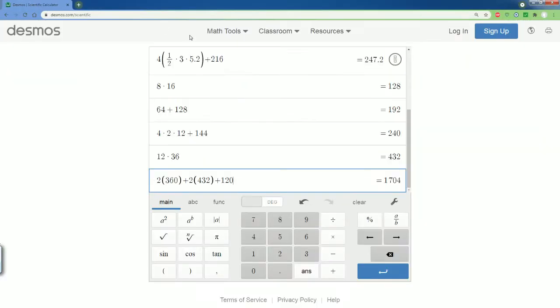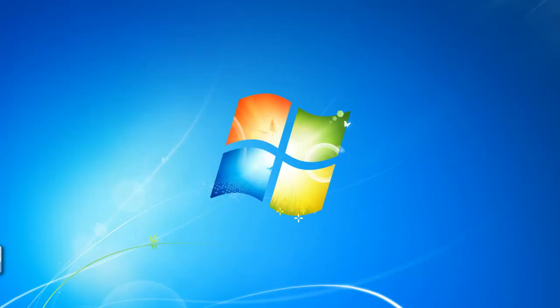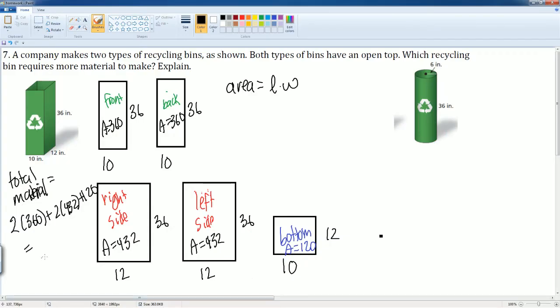Let me plug that into the calculator. That gives the value of 1,740. So I can write 1740 centimeters cubed, no, squared, because it's a two-dimensional shape once we break it down into the net.